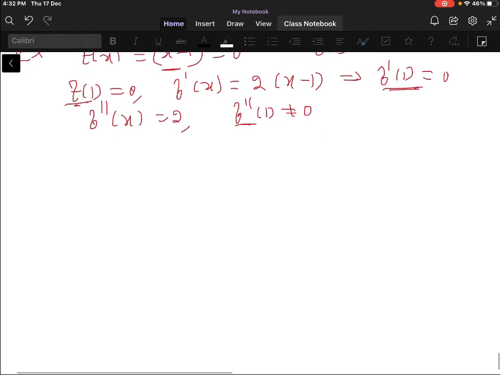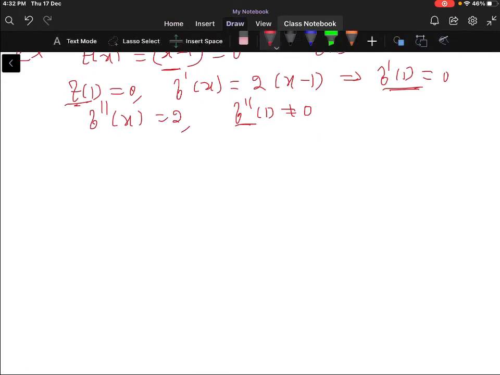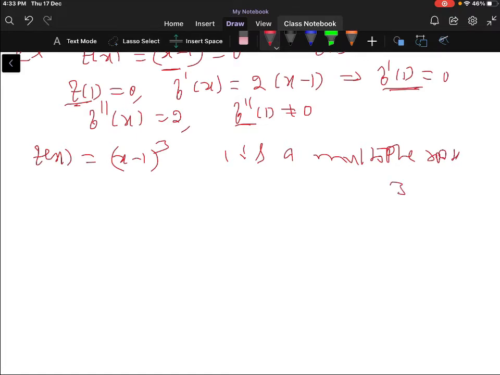Let us take another example with multiplicity 3. For example, f of x is equal to (x minus 1) whole cube. Here you can observe that 1 is a multiple root of multiplicity 3.